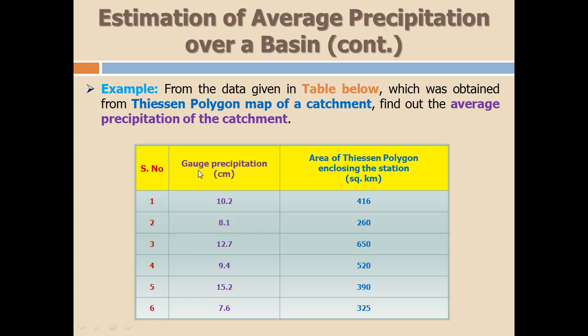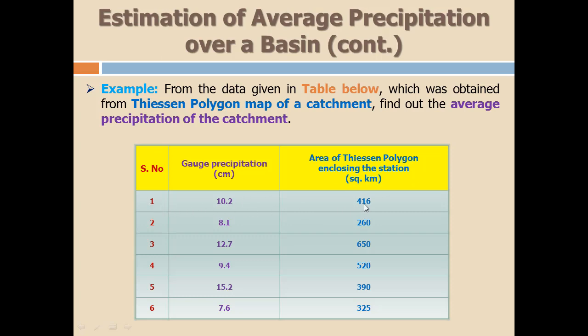And the gauge precipitation values in this example are given in the centimeter unit. In the previous it was given in the millimeter. Now here it is in the centimeter unit. And the third column is the area of the Thiessen Polygon enclosing the station. Enclosing station 1, how much is the area?